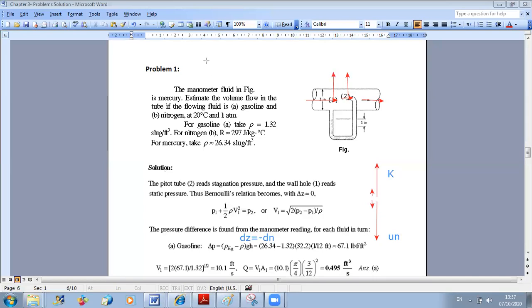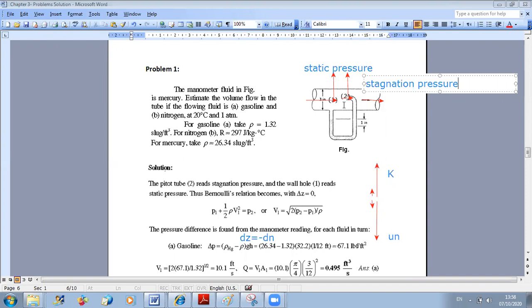So here we have static pressure at 1 and stagnation pressure at 2. This device is used to measure the velocity of the flow. We will understand here how we can use it to measure the velocity.